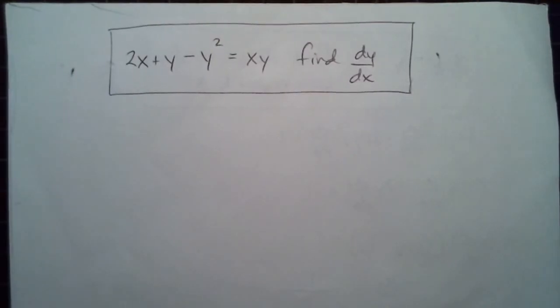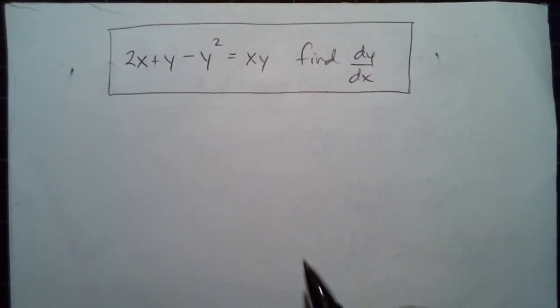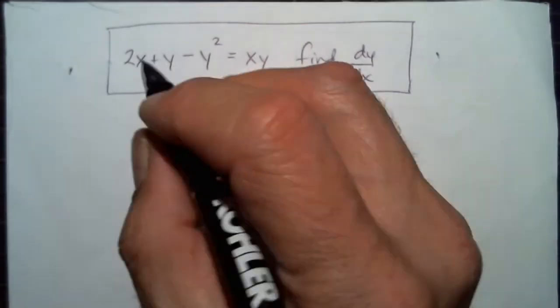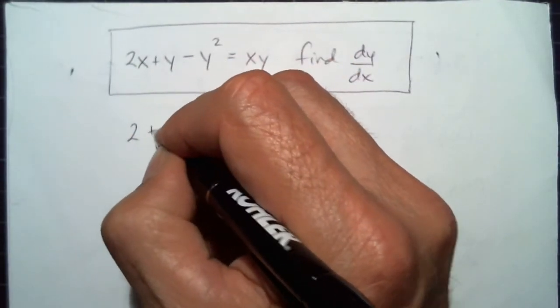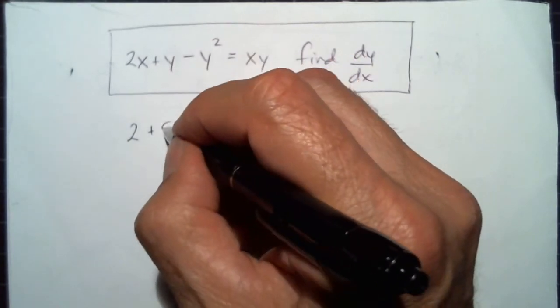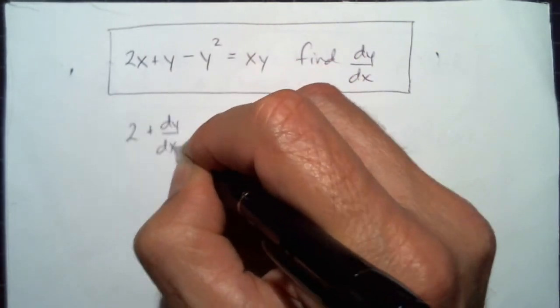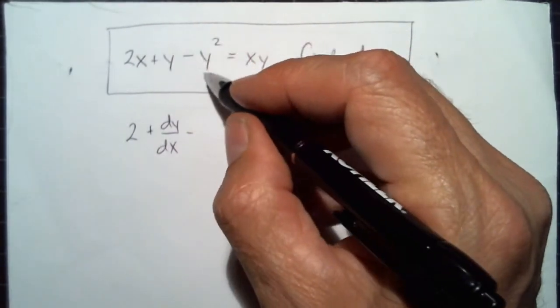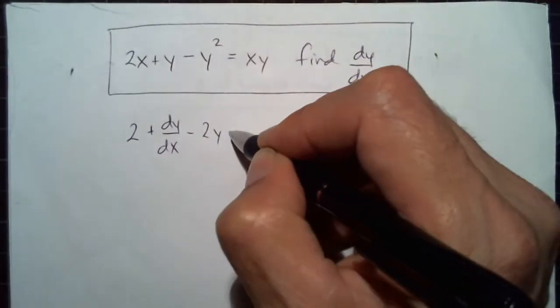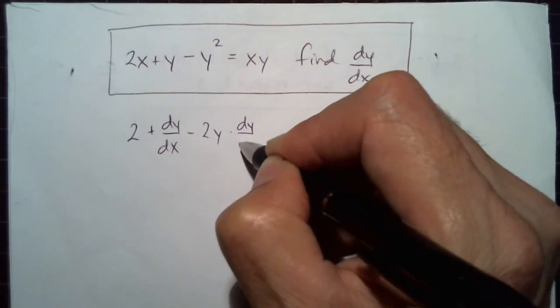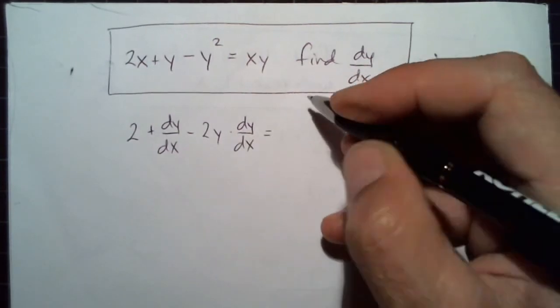Okay, try that one. Pause the video, and we'll have the derivative of this is 2. The derivative of this is dy dx. And here we have to do the derivative of the outside, 2y to the 1, times the derivative of the inside, dy dx.